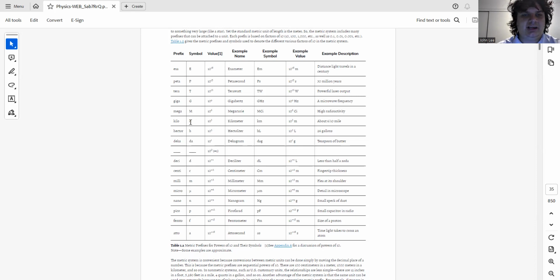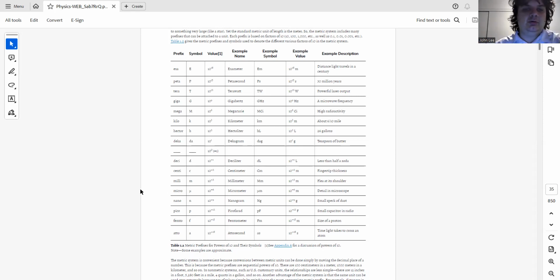So like I said, little k, kilometers, stands for 1,000 meters per kilometer. Centimeter, little c, is going to be 10 to the negative 2, so 1/100th. So 1 centimeter is equal to 1/100th of a meter.